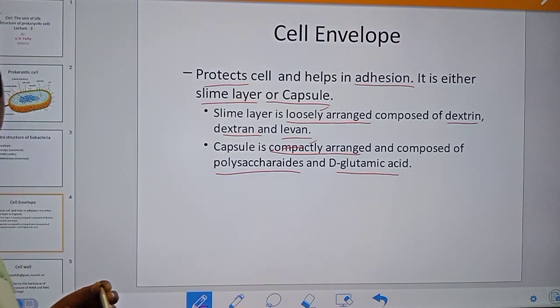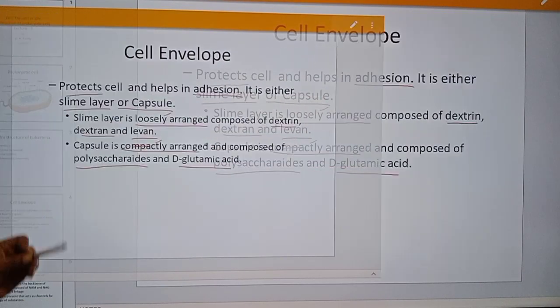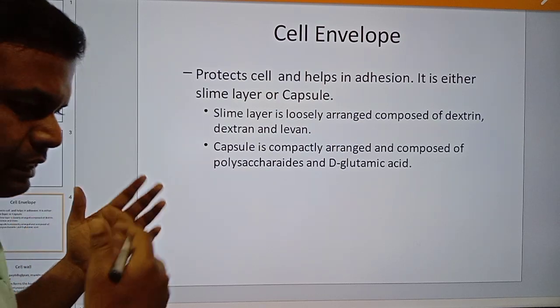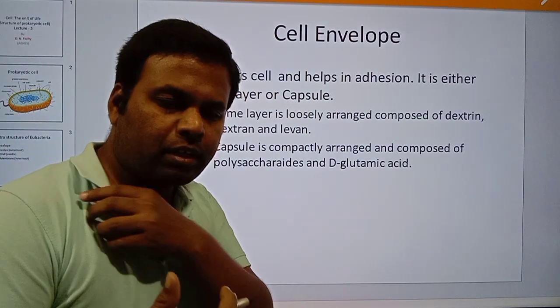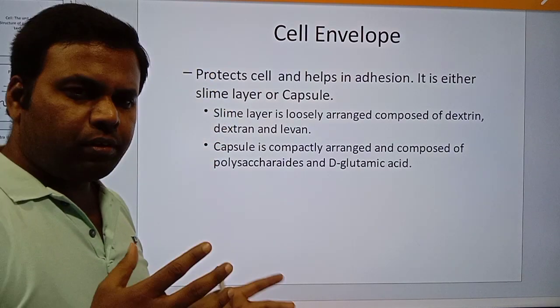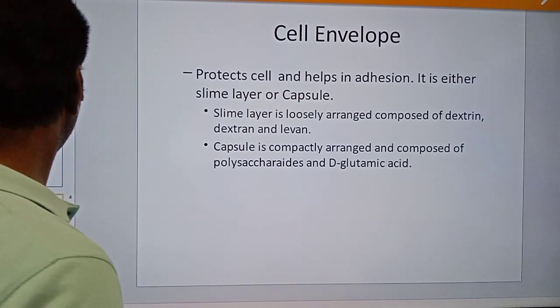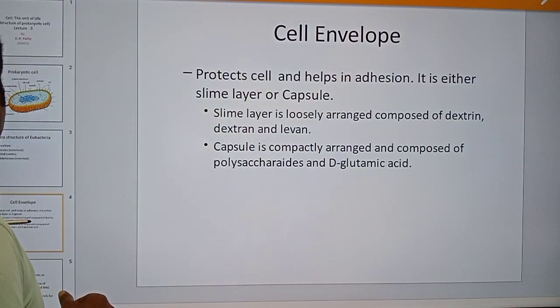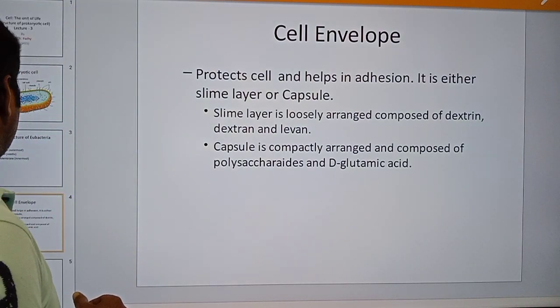Got it? We are discussing the outer layers: the slime layer, which becomes older and turns into the polysaccharide capsule that provides mostly protection. We have heard this word capsule previously.